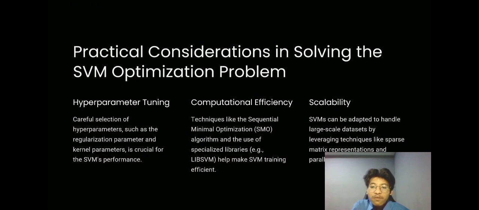Scalability. SVMs can be adapted to handle large-scale datasets by leveraging techniques like sparse matrices, approximation, and parallel processing.